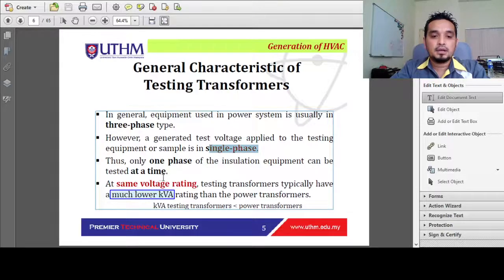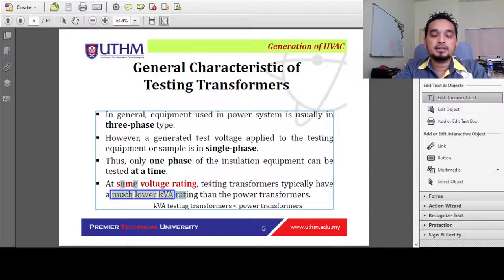At the same voltage rating, a testing transformer will normally have a much lower kVA rating compared to the power transformer.